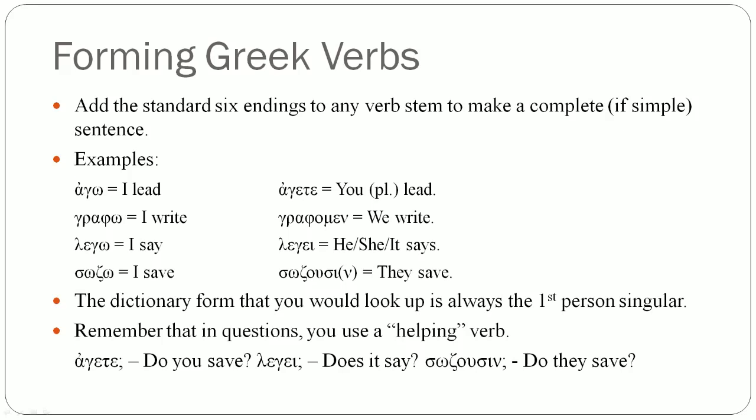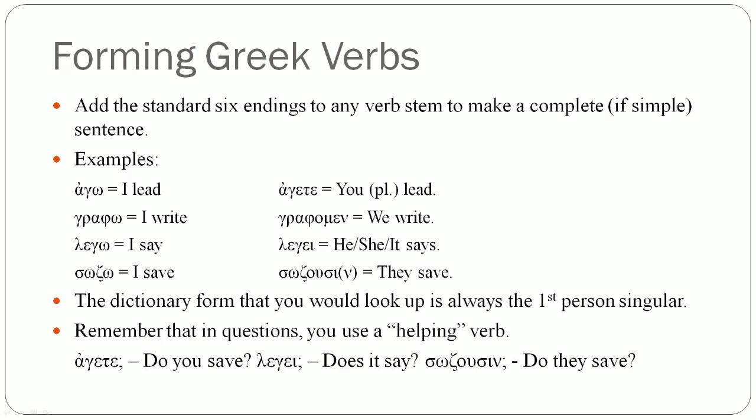The verb grapho, gamma, rho, alpha, phi, omega, this means I write, closely related to things like autograph or graphics. Idea: I write. Graphomen, omicron, mu, epsilon, nu, graphomen.